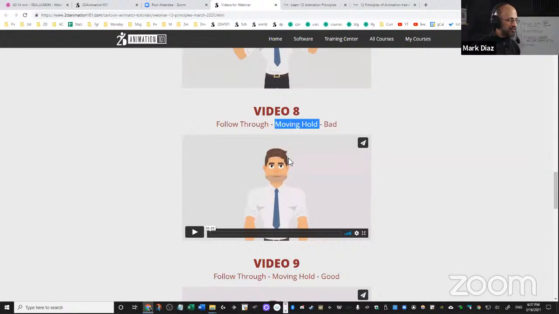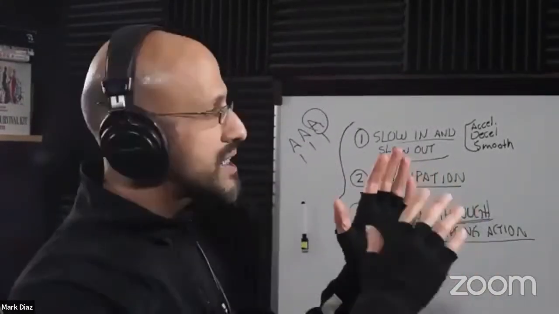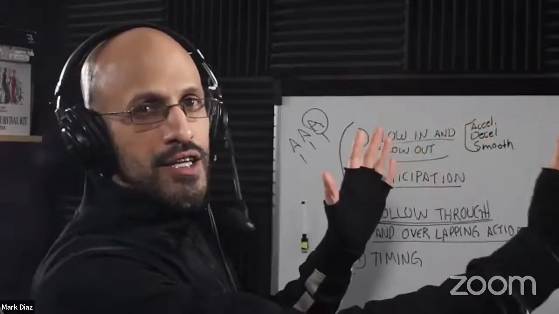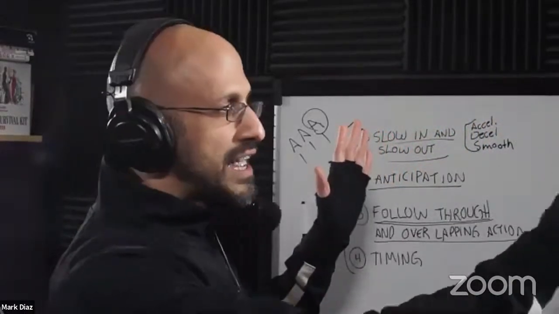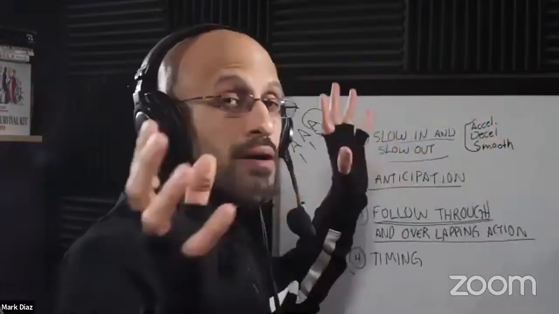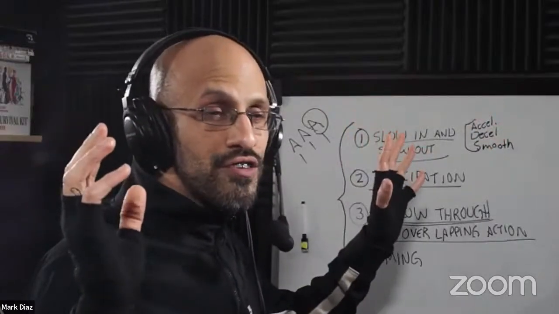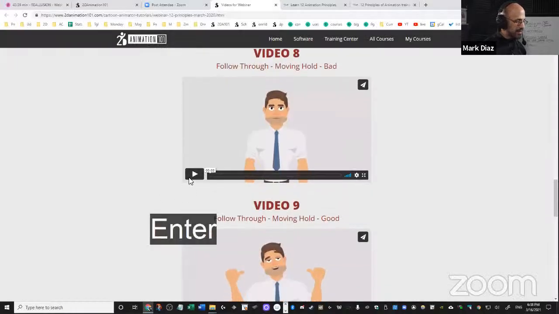When the character finishes the action, he keeps moving just a little bit. And in Cartoon Animator, it's so easy because all you do is move the playhead a couple of frames forward, and then just put another keyframe moving slightly off. Let me show you what I mean. First, I'm going to show you the animation and then how you do it in Cartoon Animator.